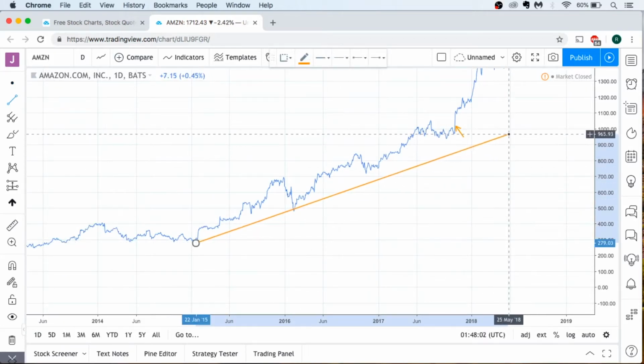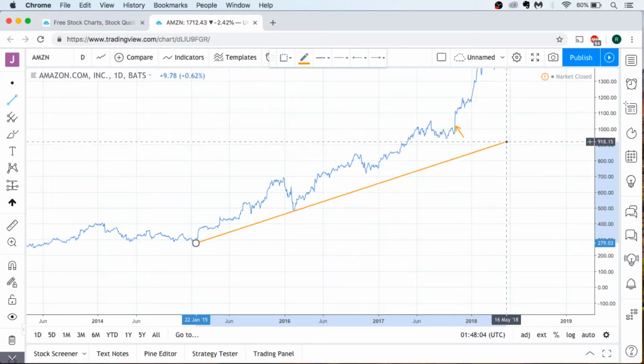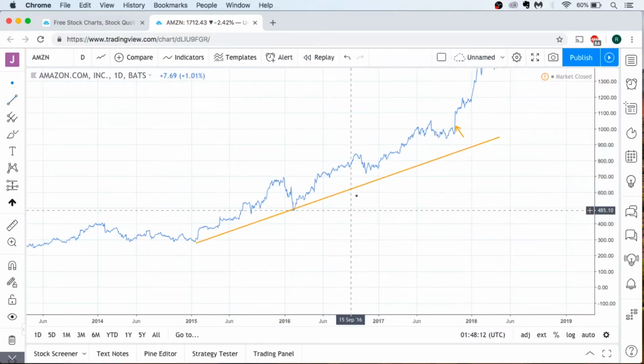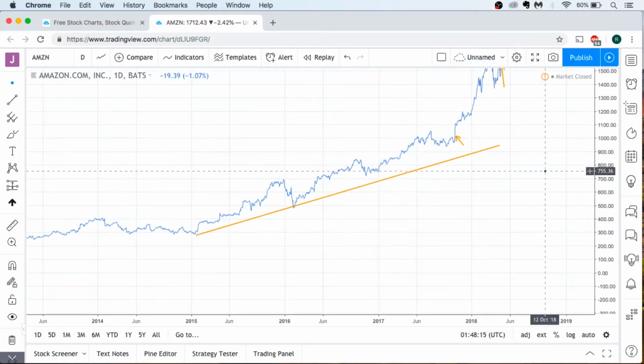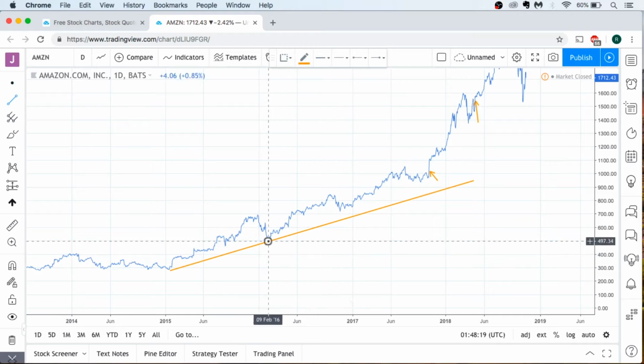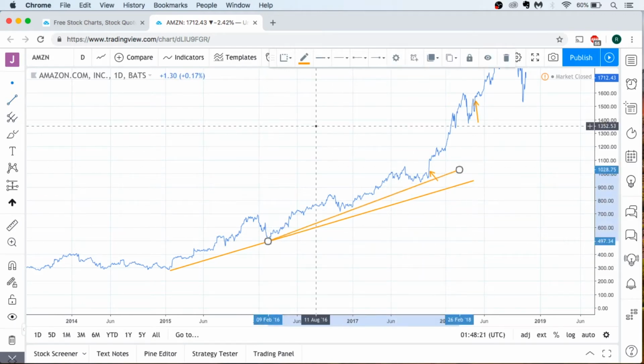All you have to do is connect 2 at minimum and 3 at the most, or 3 if necessary. 3 is great as well. Here you could either go here or here. I think if you don't know, this is where it starts accelerating. These are fan lines.